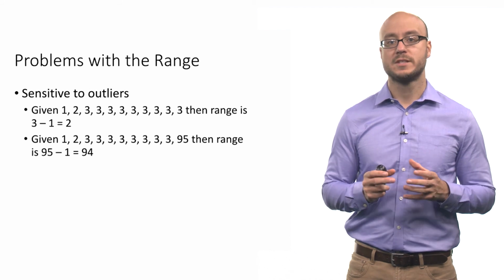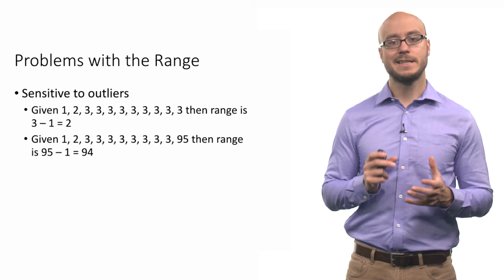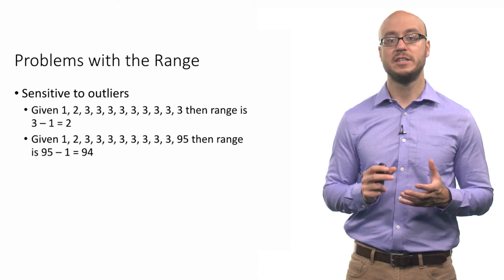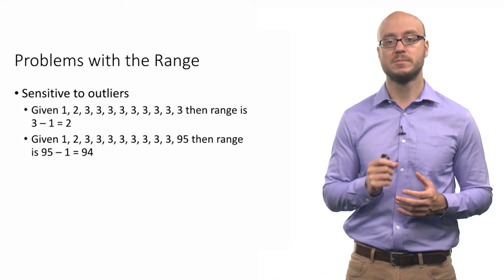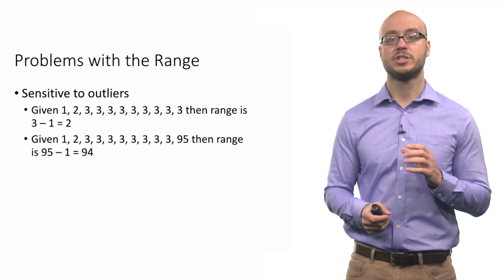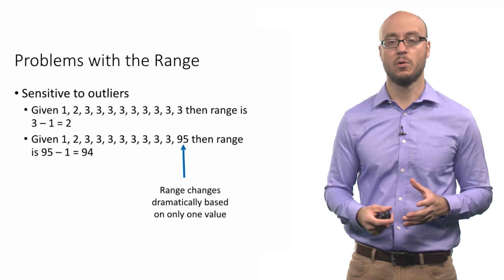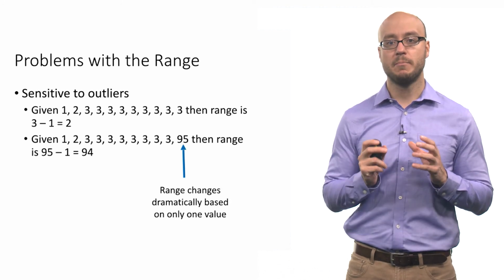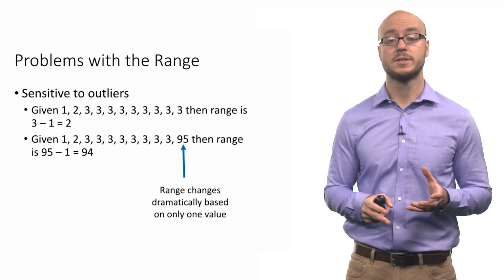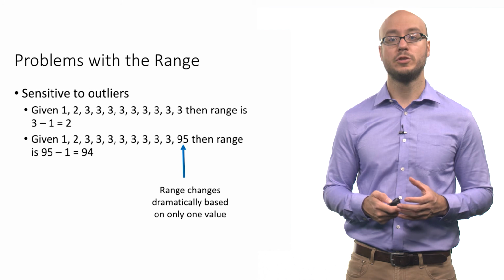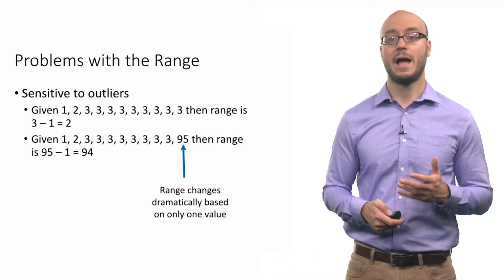The problem is that that's not a big difference between these two sets of observations. You're just changing one data point, one observation, yet the range changes from 2 to 94. So the range, by being based on effectively two data points, the maximum and minimum values, is sensitive to those extreme values or outlying observations.